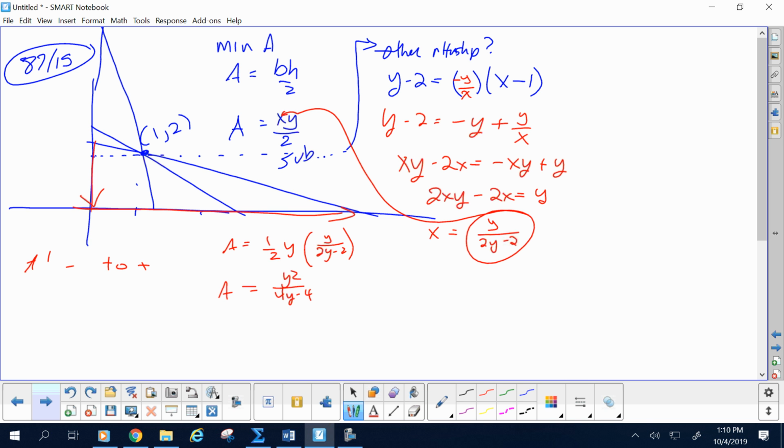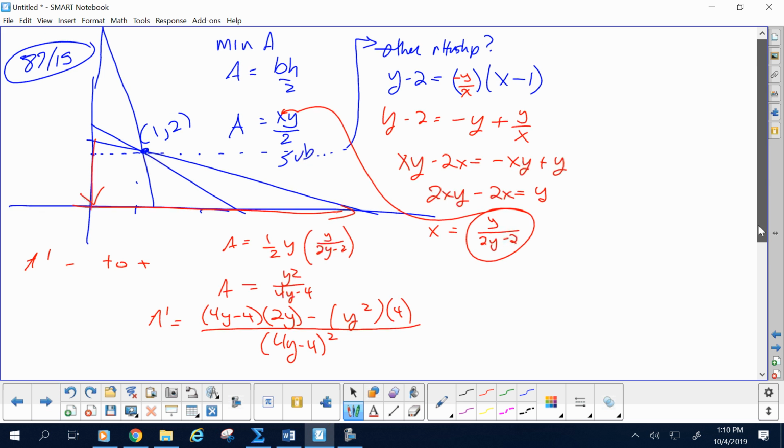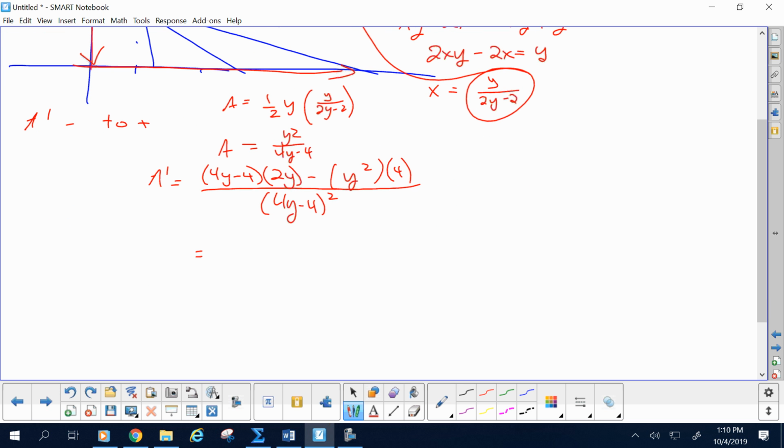negative to positive. This is a relative because there's no endpoints there. So, all right. So A prime by quotient rule, low d high minus high d low over the square of the low. 8y squared minus 8y minus 4y squared.